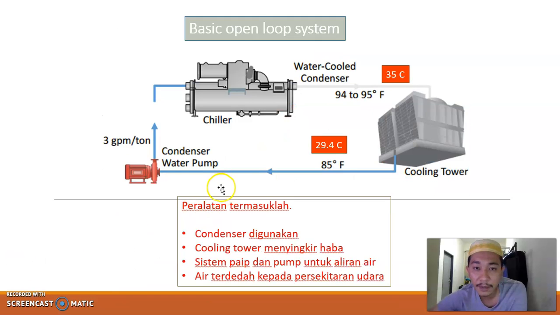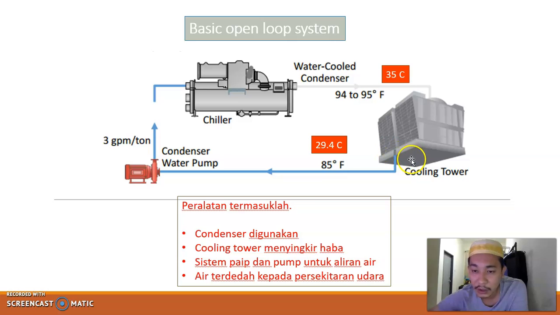Next is the basic open loop system. This is for the cooling tower. Basically, the water cooled condenser temperature going to the cooling tower must be higher than the temperature coming back to the chiller. The temperature for the water cooled condenser is about 94 to 95 degrees Fahrenheit, which is about 35 degrees Celsius.